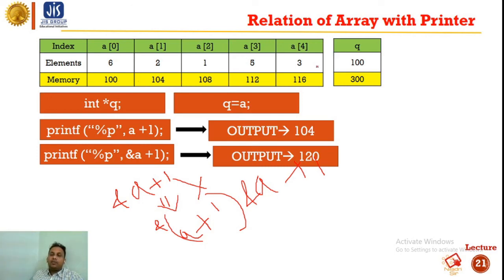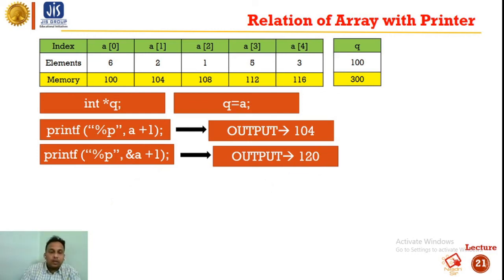A4 started at 116 and it will end at 119. If the next array sits beside a, so a completely occupies 100 to 119: 116, 117, 118, 119.